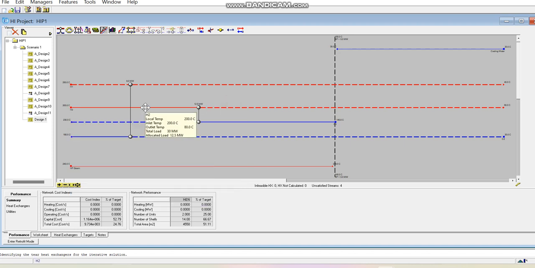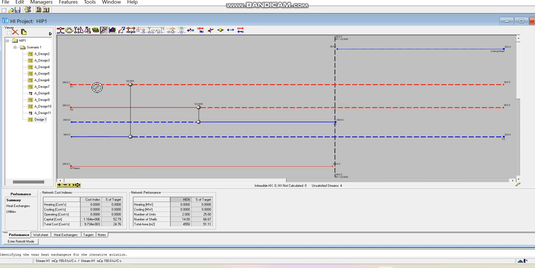So you can see this is a solid line because this portion has achieved its target. However, now these two have not achieved the target, so I can place a heat exchanger between these two.